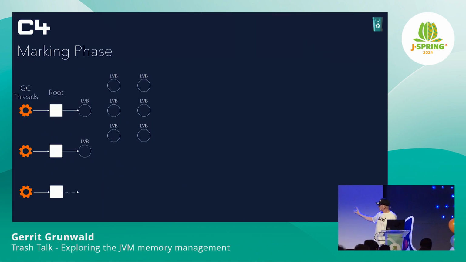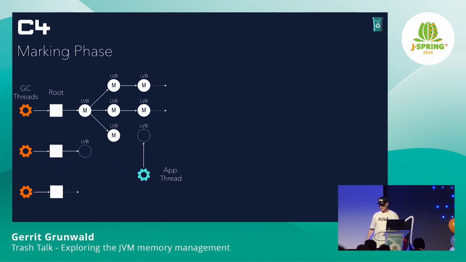If we see how this works in the marking phase, and that's different from the other ones that I told you, it's quite interesting. Because we have the GC threads on the left side, they start to find the references, the live objects on the heap, by following the references, and then they start marking stuff, right? OK, this is live, and then the lower right one was not really referenced yet. So if now the allocator, the application thread, starts allocating this memory cell, the collector doesn't know.